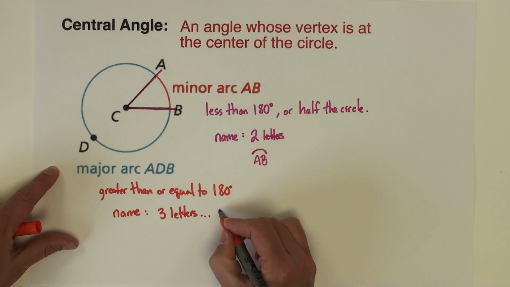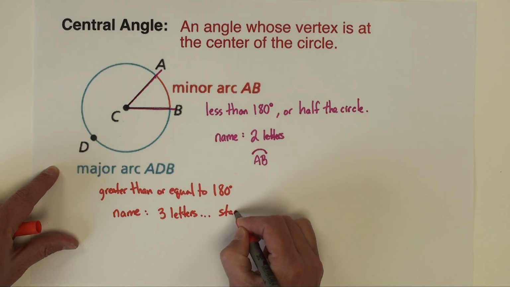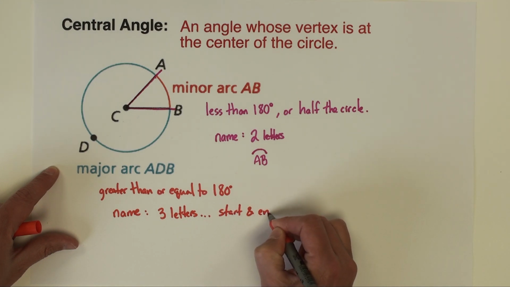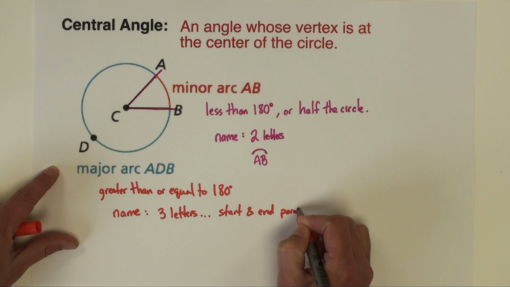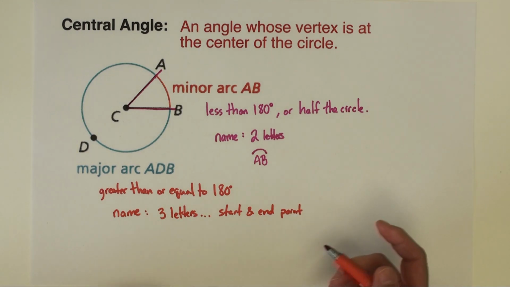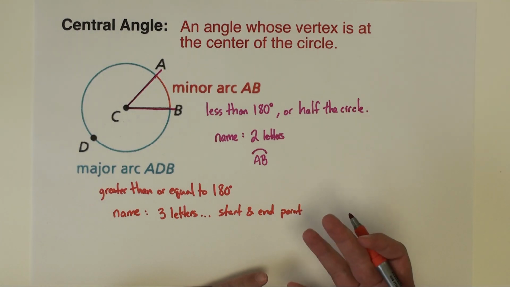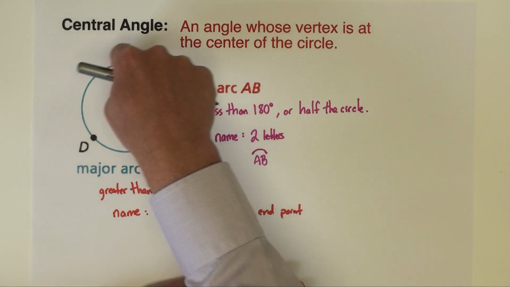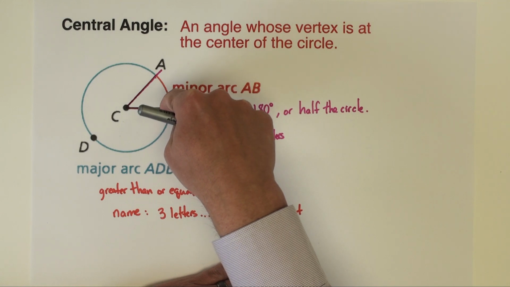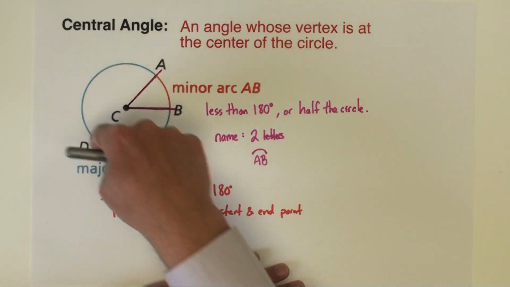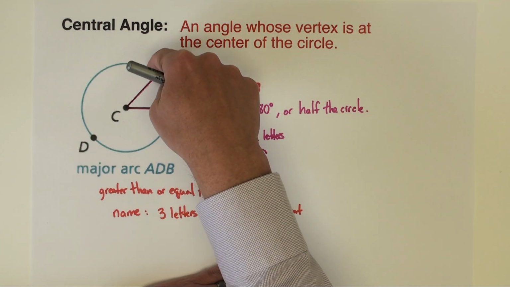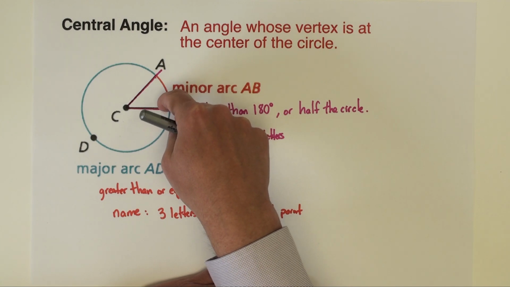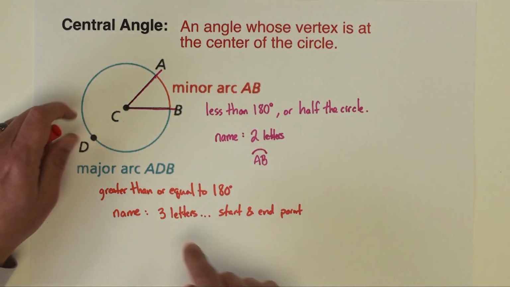We're going to use a start and end point, but also you're going to need a middle point. Because if I just say we're starting at A and we're ending at B, well, I'm not going to know if you mean to go this direction around the circle or if you mean to go this direction around the circle. So the way that we combat that is we're going to use three letters.